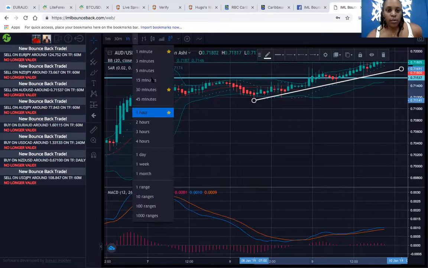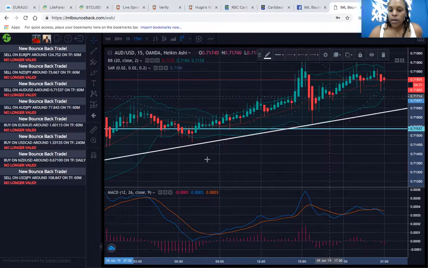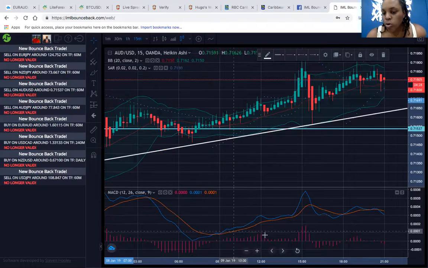I come down to the 15-minute time frame to look to see what's happening. Now, as you can see, the trade's still going up. But if you really look at the MACD, you will notice that the MACD never actually crossed the zero line. It's still holding above.